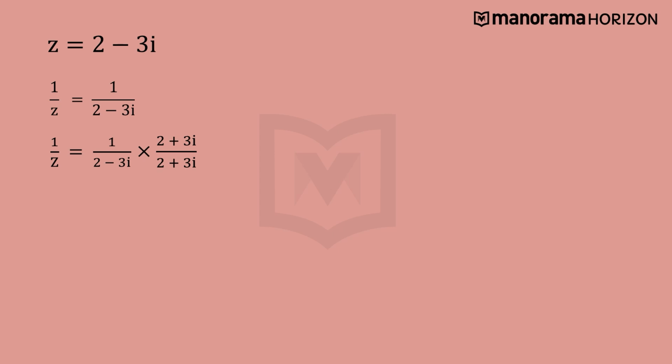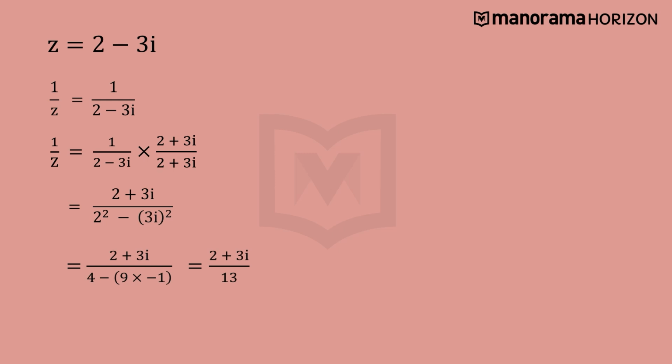So our expression becomes 2 plus 3i the whole divided by 2 square minus 3i the whole square, which is equal to 2 plus 3i divided by 4 minus 9 into minus 1, which is equal to 2 plus 3i divided by 13. Separating the terms, we get z inverse is equal to 2 by 13 plus 3 by 13i.